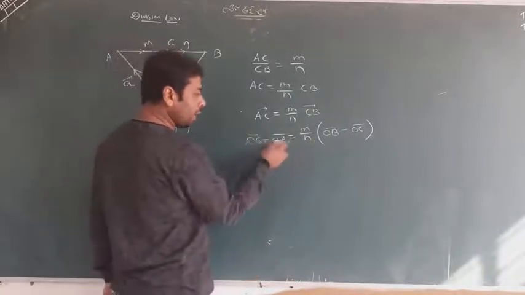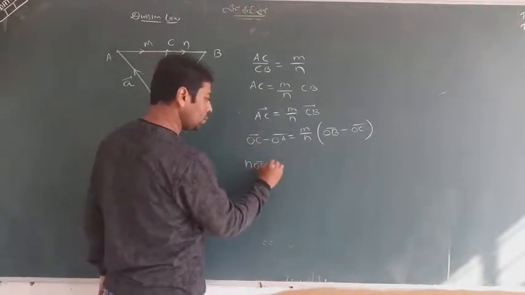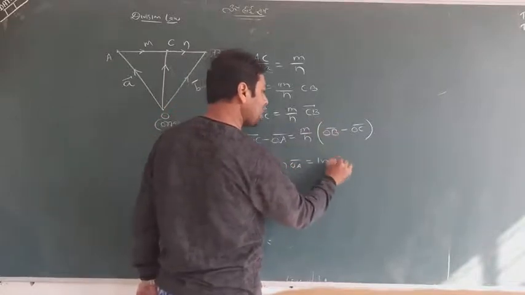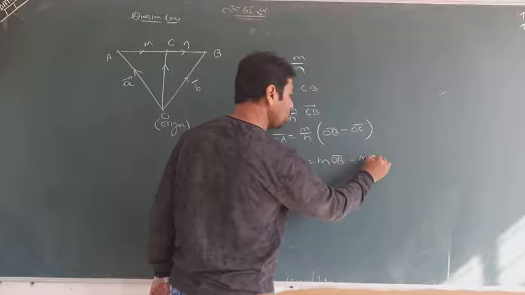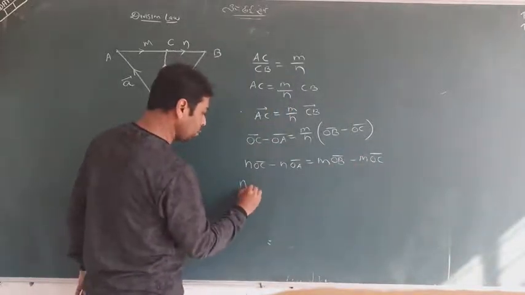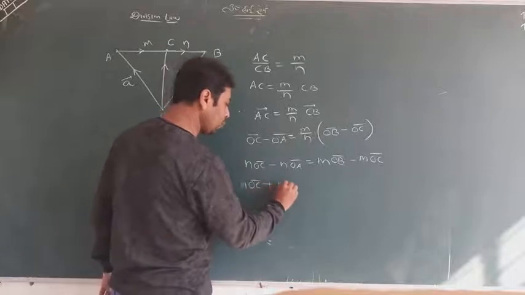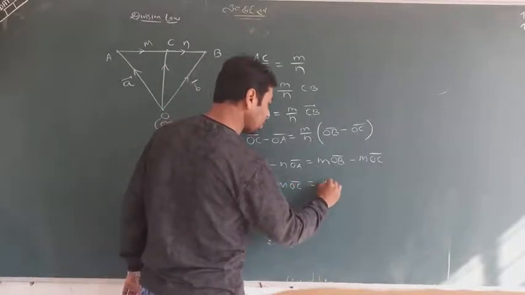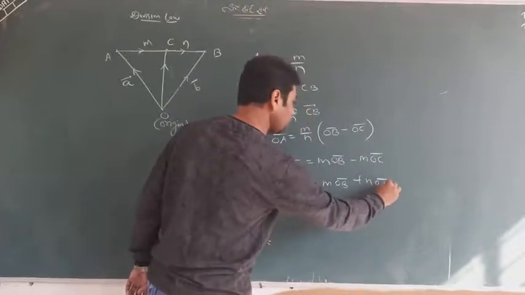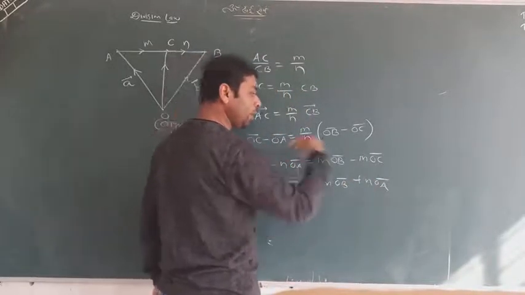Now I will transfer n here: n OC equals n OA, m multiplied by OB, minus m OC. Transfer m OC to this side. So n OC plus m OC equals m OB plus n OA. I transferred n OA to that side.